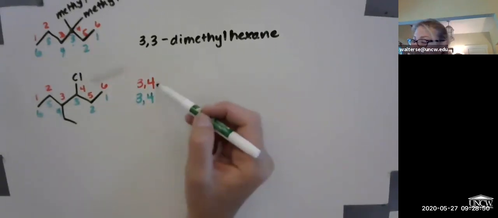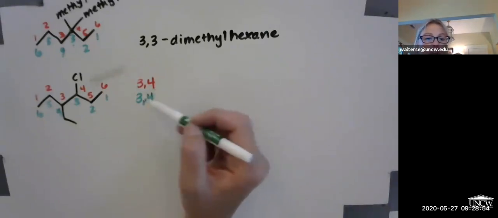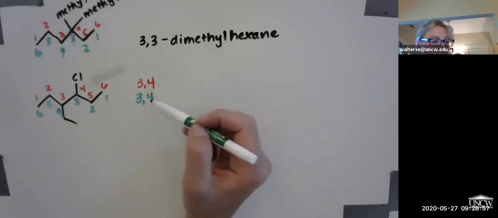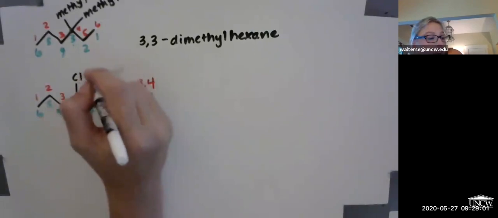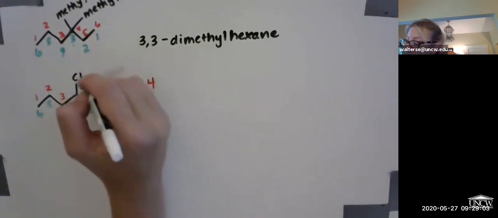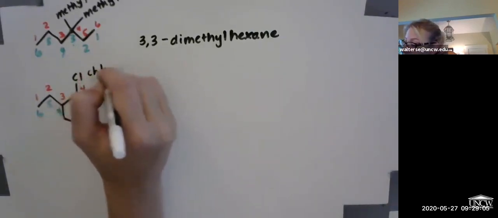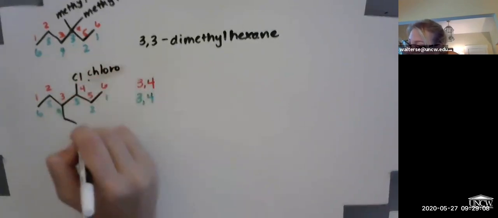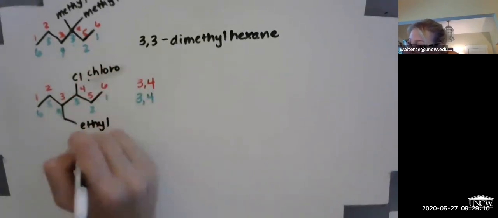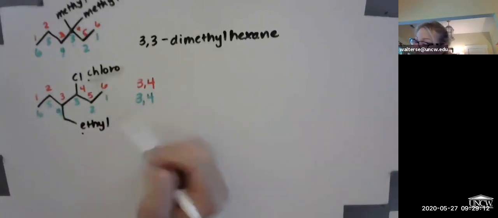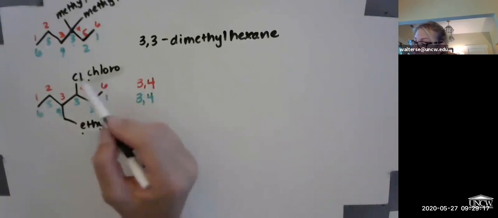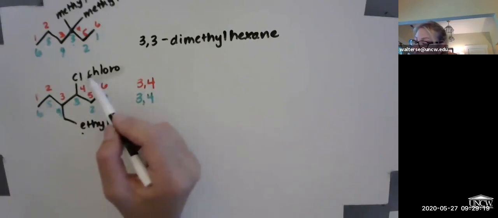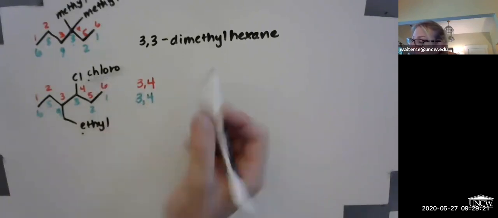So in this case, the numbers can't discriminate or distinguish which pathway is better. In that case, you're going to have to use the alphabet to determine the order. So this is a chloro, and C in the alphabet comes before E. So when the numbers can't be used, you can use the alphabet. So the chloro, since it comes first in the alphabet, that would get the 3.